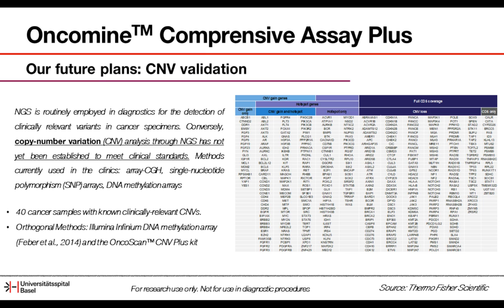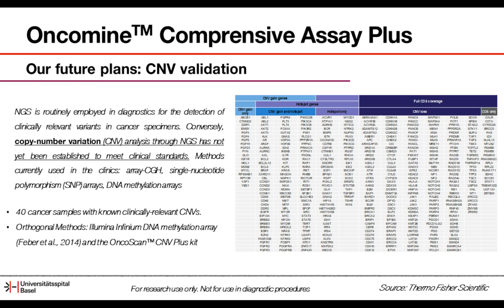I would also like to give you an outlook on our future plans. We also want to validate another feature of the Oncomine Comprehensive Assay Plus. We are particularly interested in this feature, and it is about copy number alterations.